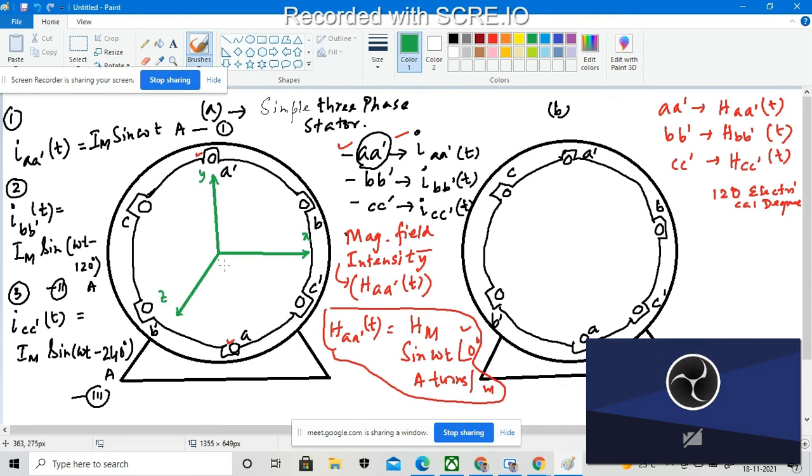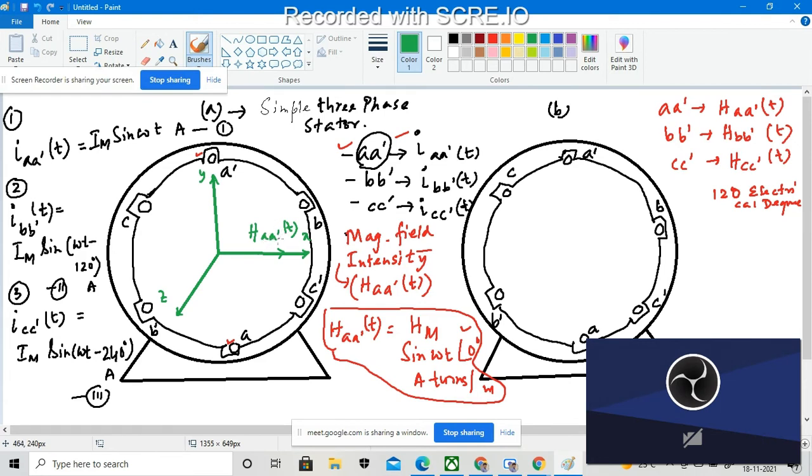In the x-axis, we are considering the A dash coil. So the magnetic field intensity vector will be drawn along the x-axis. This will be my H of A dash t.